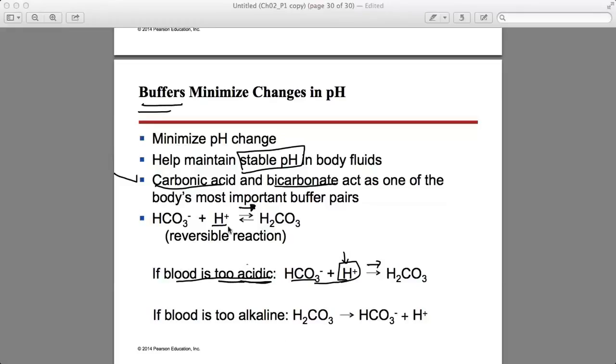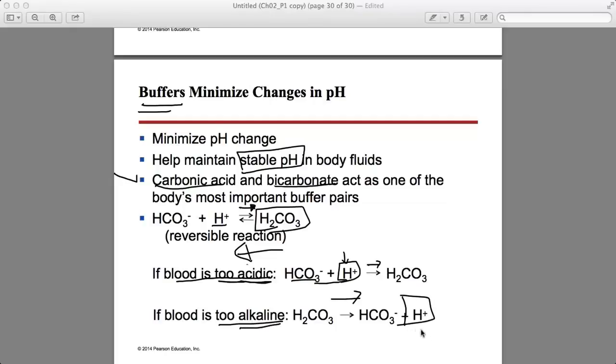If you have very few hydrogen ions, you're very alkaline, right? That drives the reaction the other way. So starting with bicarbonate here, it's going to release some of that hydrogen and increase the acidity of the solution, bringing it back to neutral from the alkaline side of things.